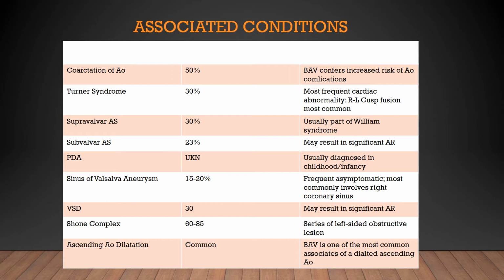I think this is a very important associated condition that we have to pay a lot of attention to, especially in younger patients as we embark on lower risk patients and doing percutaneous aortic valve replacement in these patients and the associated ascending aortic dilatation.